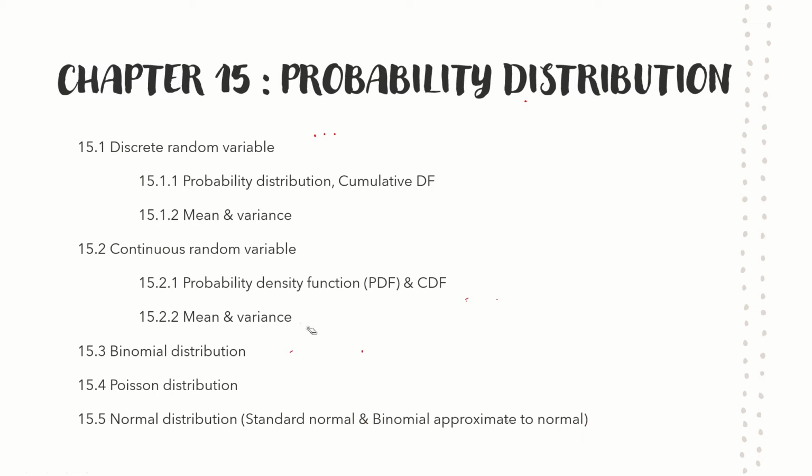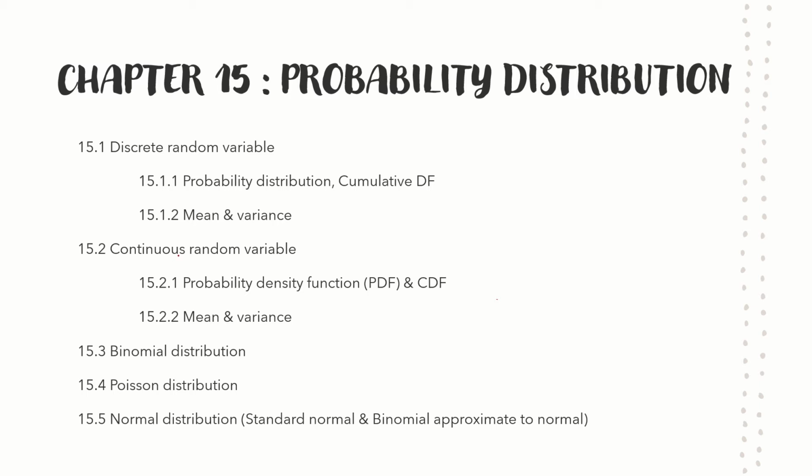This chapter is quite long. It is the longest chapter in Semester 3, but not too difficult for you. There are many formulas you have to memorize in the first and second subtopics, and if you learn from the start, maybe you get confused between discrete and continuous.